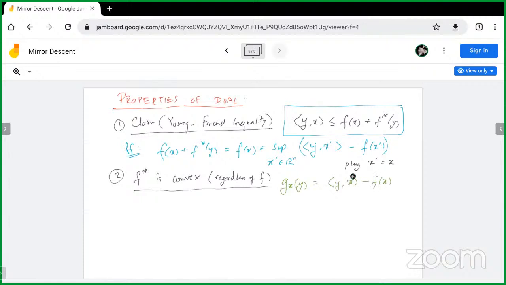Why is it useful to think of this? Because now I can pretend that I'm just taking a max over all these functions. So now f star of y is just the supremum over x of g_x(y). And you know this property that the supremum of affine functions is convex.